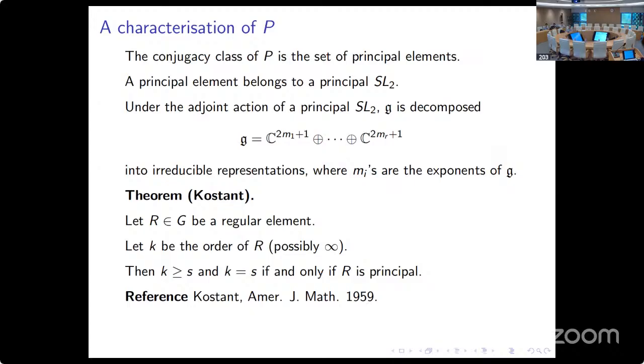So this is a characterization describing the principal element. In other words, among all the regular elements it has the smallest possible order. I give you a reference: 1959, American Journal of Mathematics.